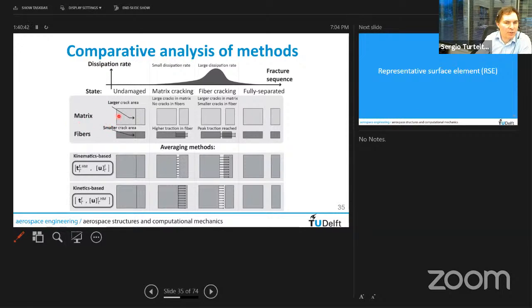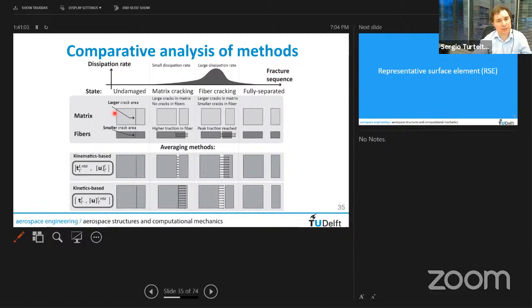And the matrix, when you look at the cracks, they tend to occupy most of the area. It is matrix material. And the fibers only have a small amount of area where they break.